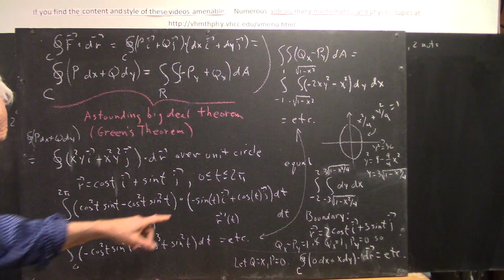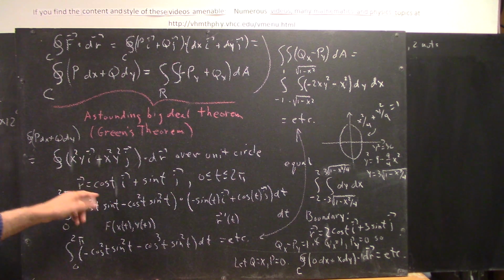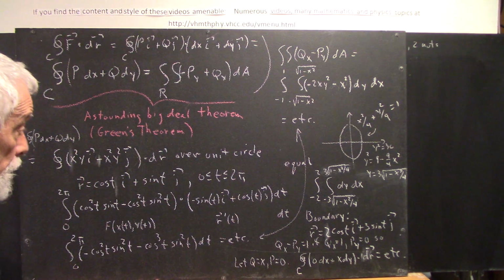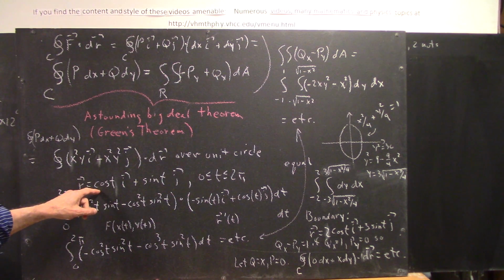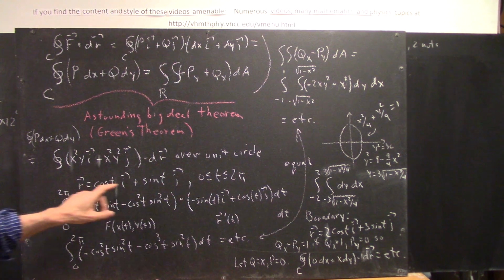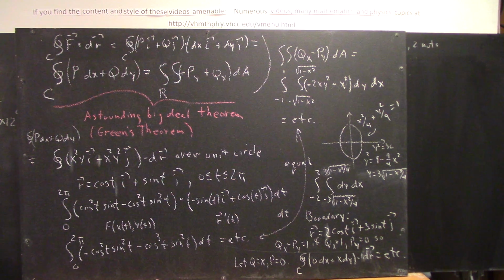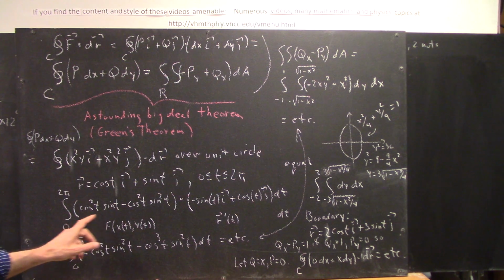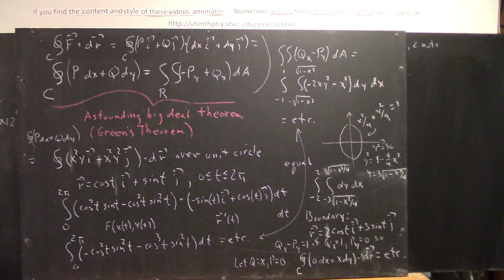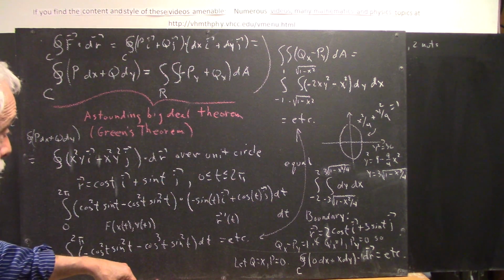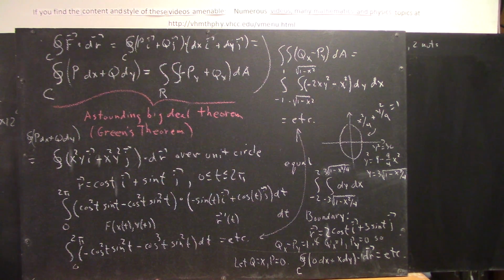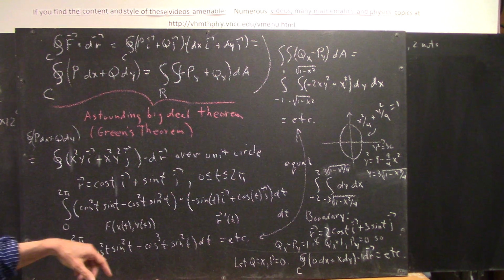Now, by this parameterization, we know that x is the coefficient of i and y is the coefficient of j, so that x is cosine t and y is sine t. So we translate these x squared y and x squared y squared expressions into cosines and sines, and that's obvious. And we dot that by the dr. What's the dr? Well, it's just the differential of this.